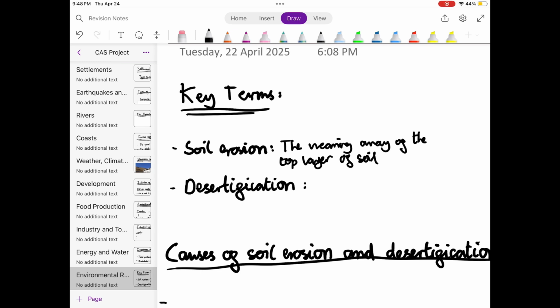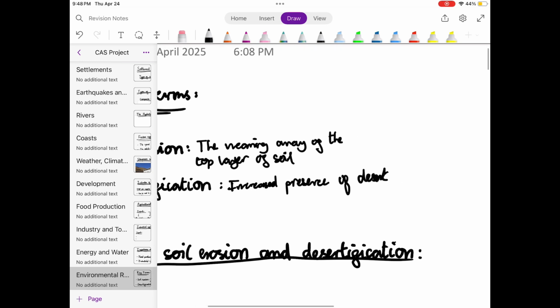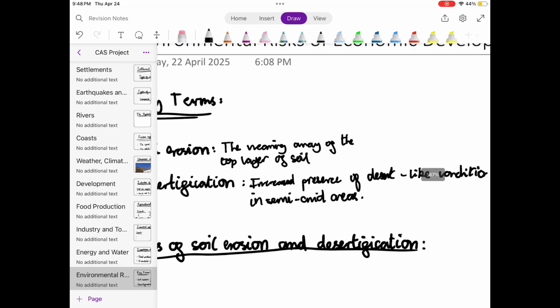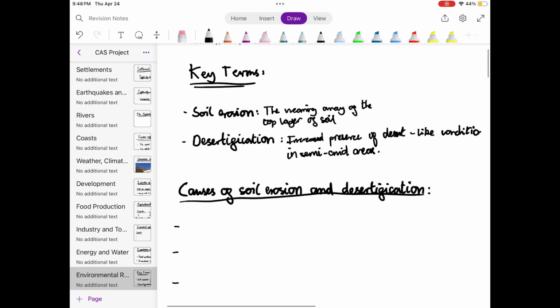And desertification is the increased presence of desert-like conditions in semi-arid areas. Okay, so these are the two definitions that you need to know for this topic.